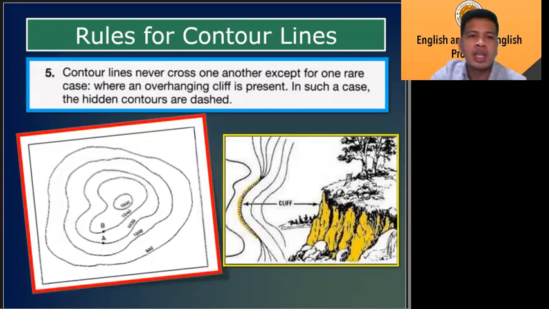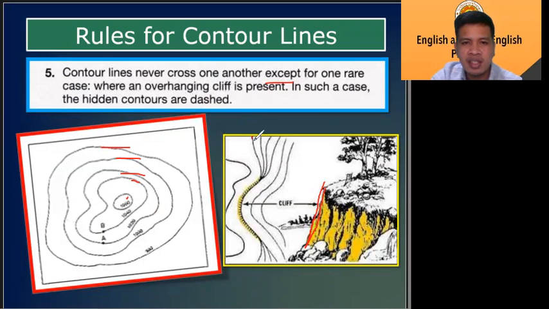Number 5, contour lines never cross one another. Never cross, meaning they never touch, except for one rare case where an overhanging cliff is present. If there's a cliff like this, in such a case, the hidden contours are dashed.